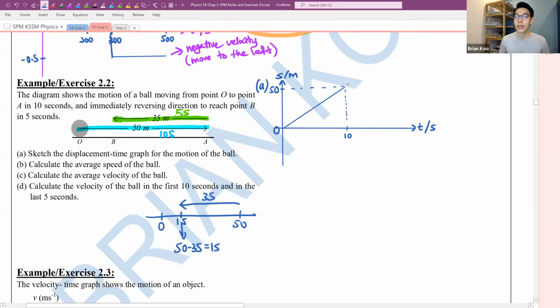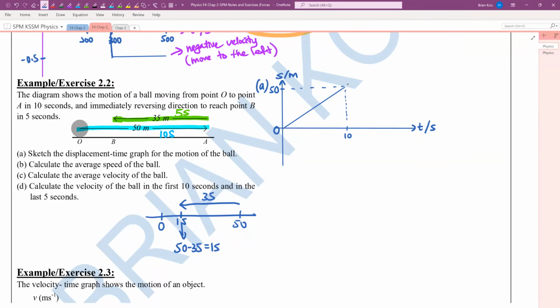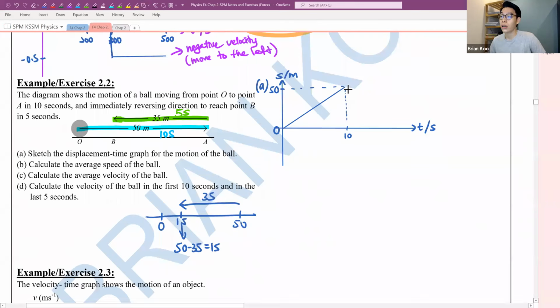So I think a lot of people will now start to think, okay, I have gone 50 meters away from the original position. O is the original position. And right now, I want to go 35 meters back. Go back means go back where? Go back towards the origin, towards your original position. So you are going to get closer and closer.